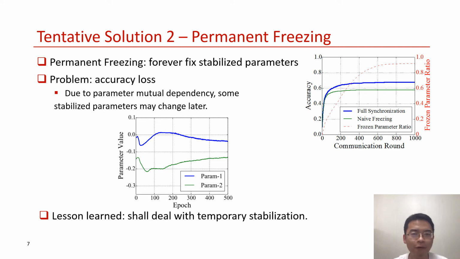Consequently, if we fix the value of these temporarily stabilized parameters, they will not be able to reach the true optimum later. Therefore, a second lesson we learn is that our solution must work well for parameters that stabilize only temporarily.